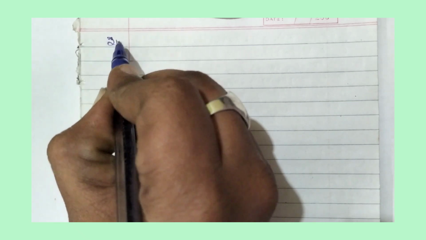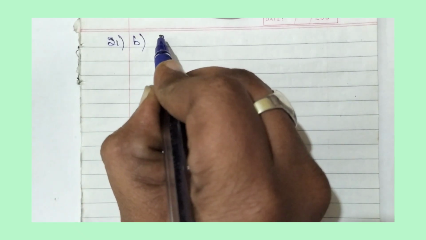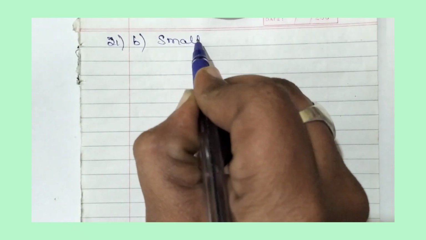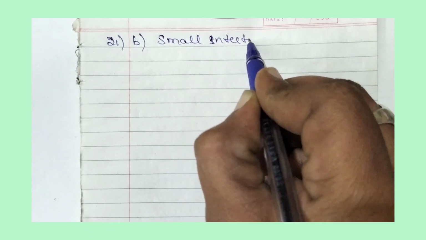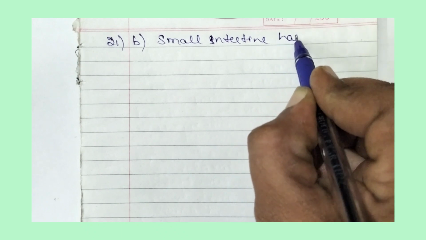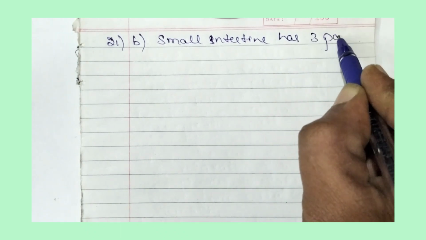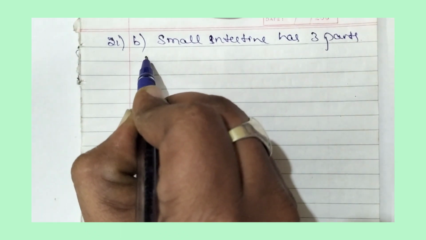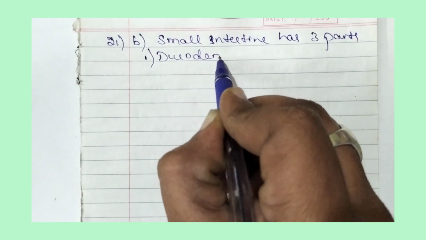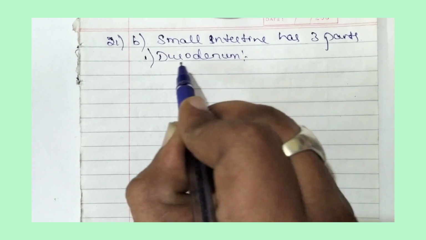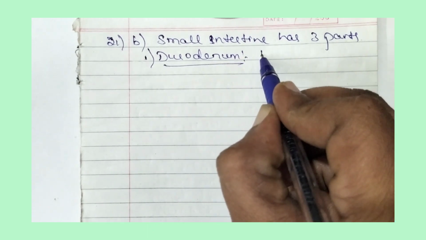The 21st big question. The small intestine has three parts. The first part is called the duodenum.